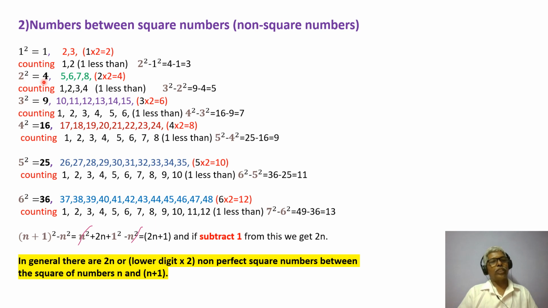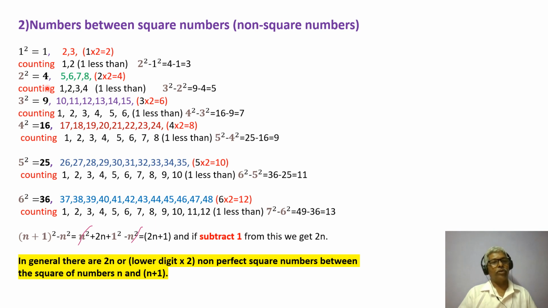This will be clear from the second example. 2 square is 4, 3 square is 9. So how many numbers are lying between 4 and 9? 5, 6, 7, 8. There are 4 numbers. This is for counting: 1, 2, 3, 4. What the numbers are, they are written here. So if you take this number into 2, equal to 4, you get 4 numbers.